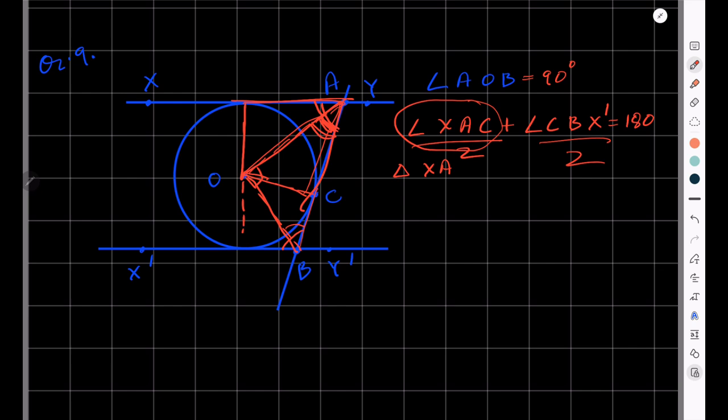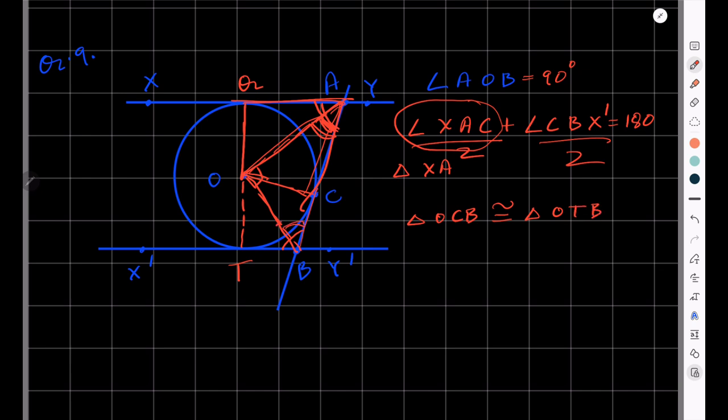Because again we can just draw a circle here, call it point T, and here call it Q. Okay, so triangle OCB will be congruent to triangle OTB.